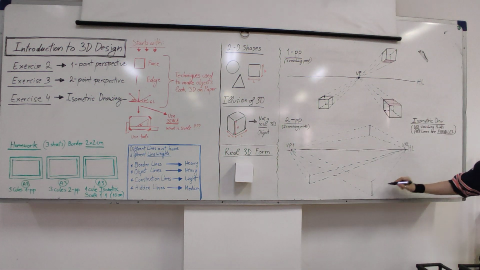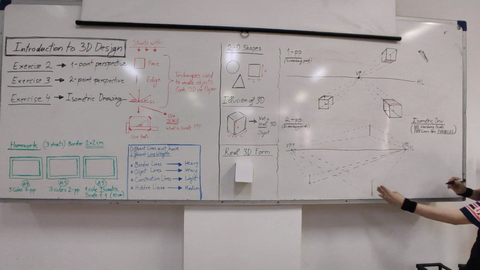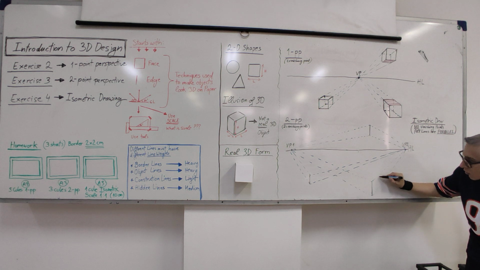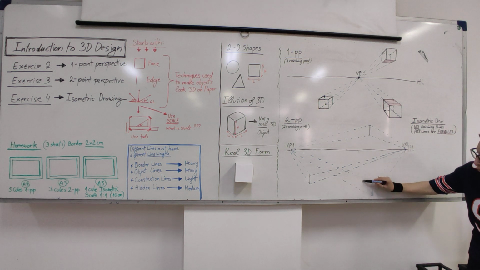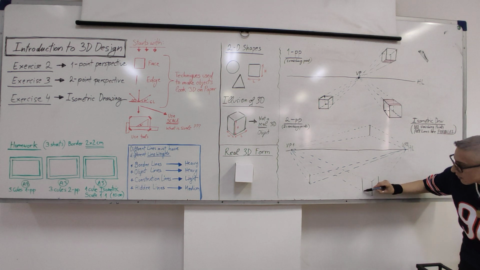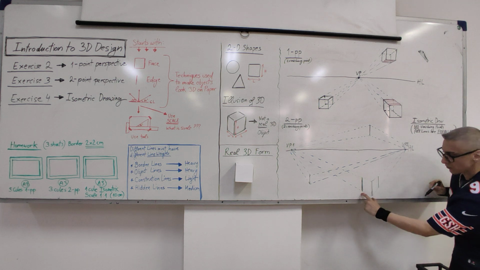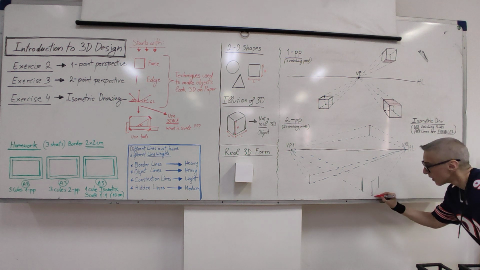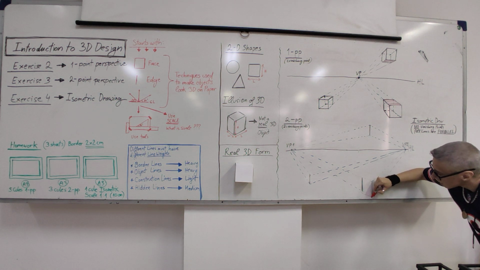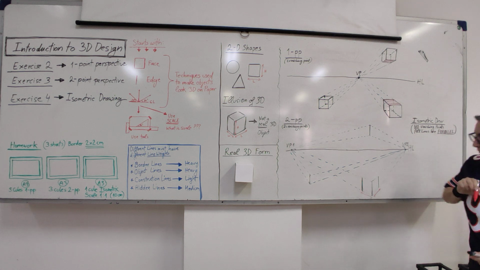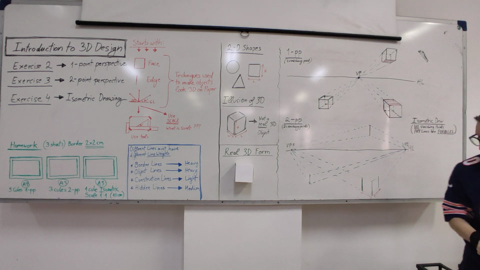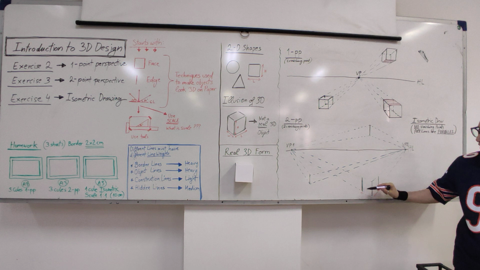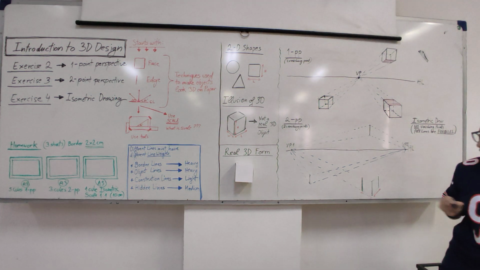So, if this edge is closer to this point, that means this will be shorter. So I will put it here, and I will put this one a little longer. This space here, okay? This compared to this. And then we have to decide for the next one as well.